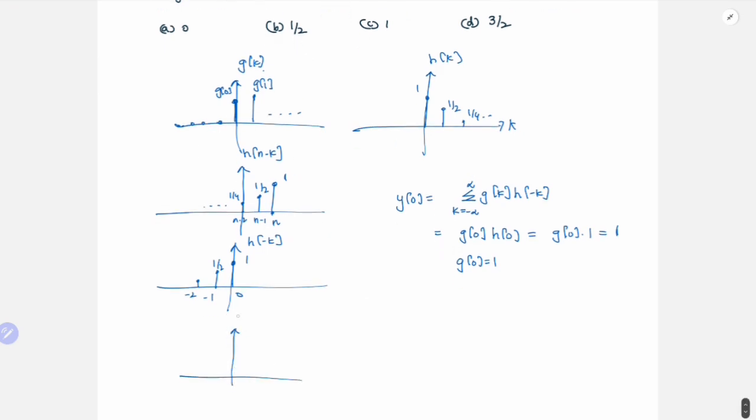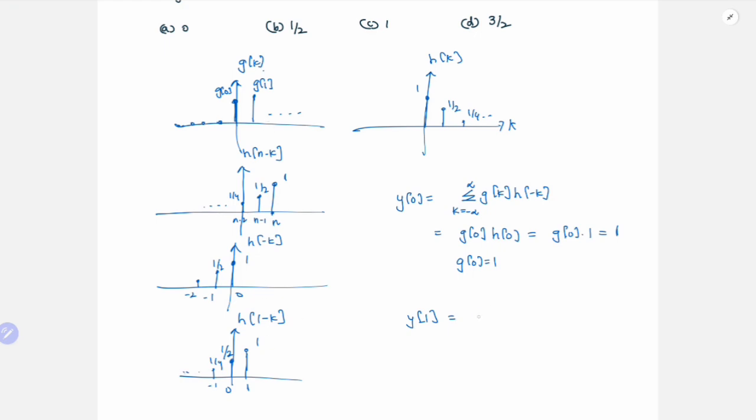These samples are going to disappear because g of k is 0 there. Secondly, I will calculate h of 1 minus k, which is required for calculating y of 1. It will start from 1. At 0 it will be half, and 1 by 4 at minus 1 and so on.